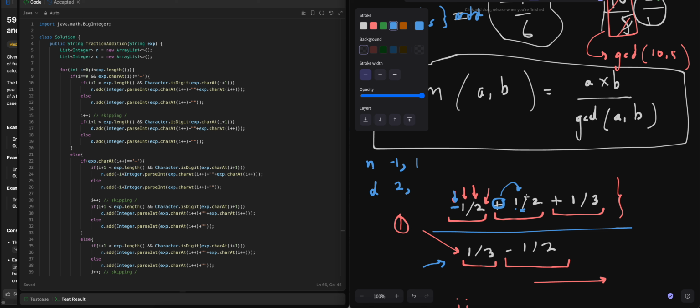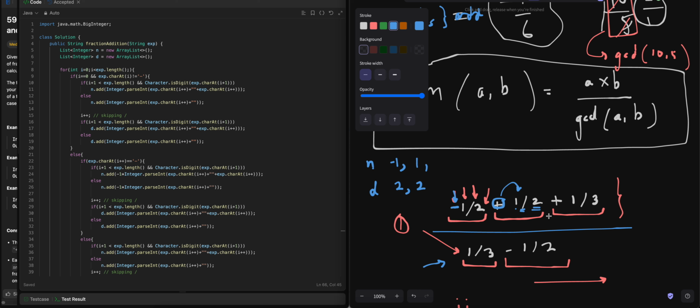Then after the divide, we'll check whether this digit is a 2-digit or not, by checking this character and the character following it. The character following it is a positive sign, not a digit, so we know that it is a single-digit number, and we'll store that in the denominator.